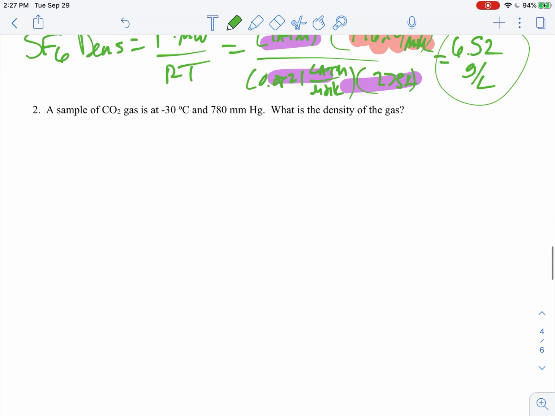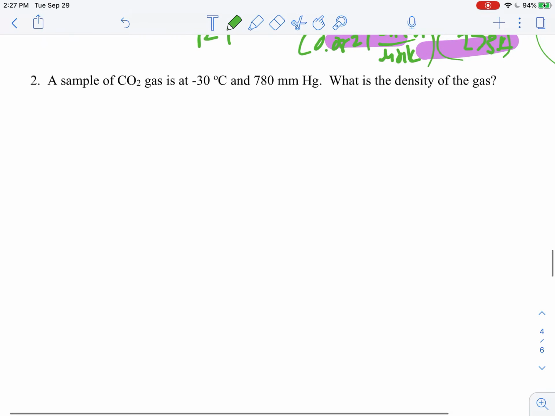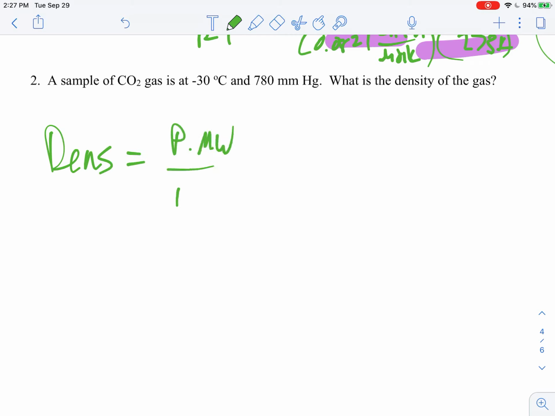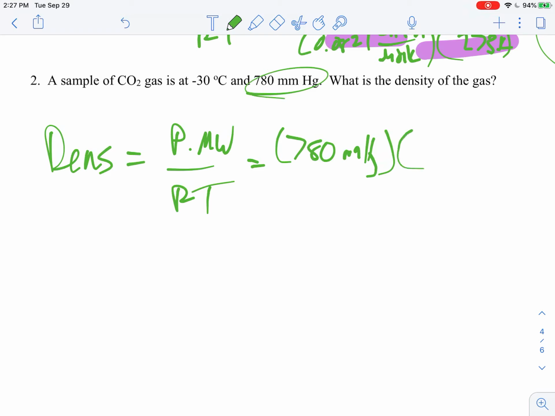All right, so number 2 here is the same thing except that we're giving you a bunch of other units. So I want the density, and the density is going to be the pressure times the molecular weight divided by RT. So the pressure, I'm going to go ahead and put in 780 millimeters of mercury because they gave that to me. The molecular weight of carbon dioxide is 44 grams per mole.